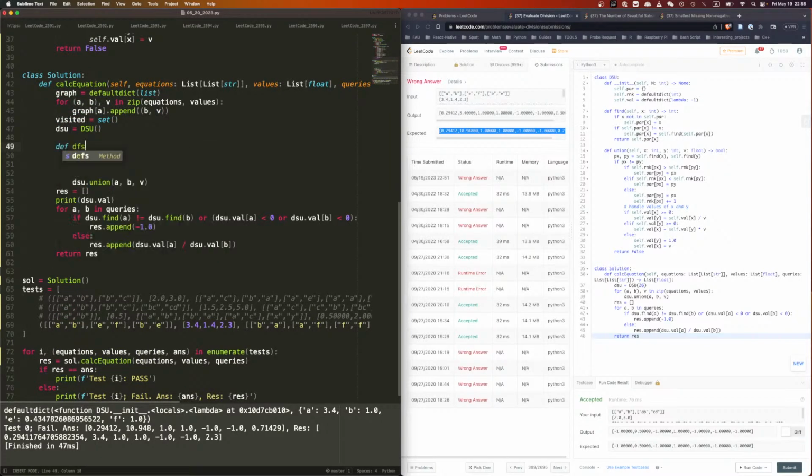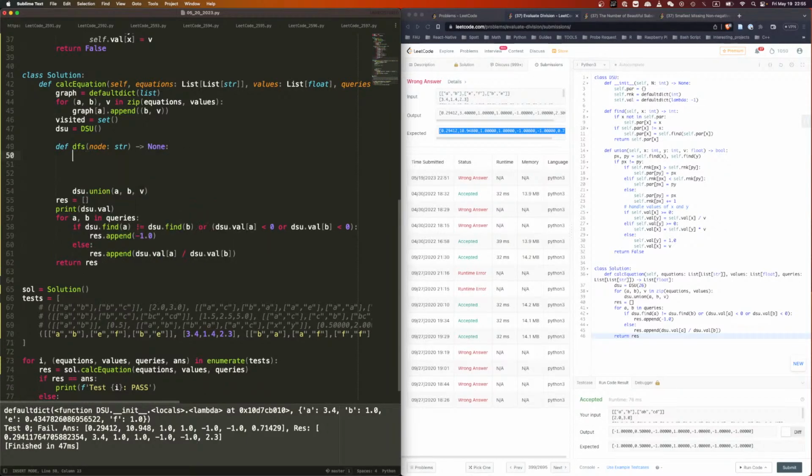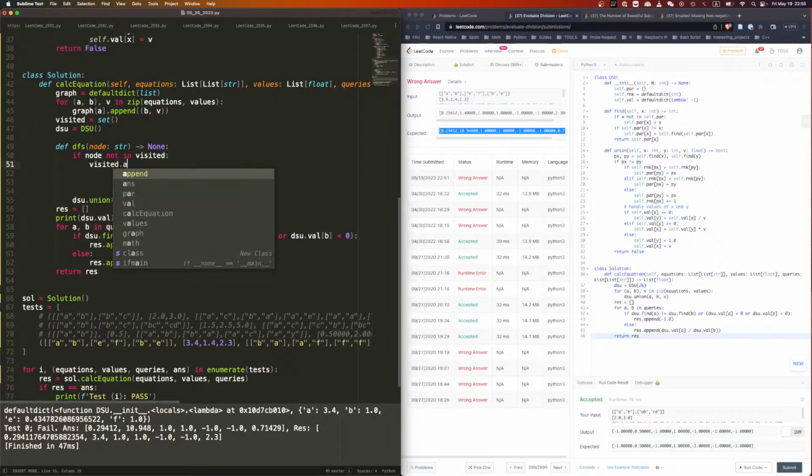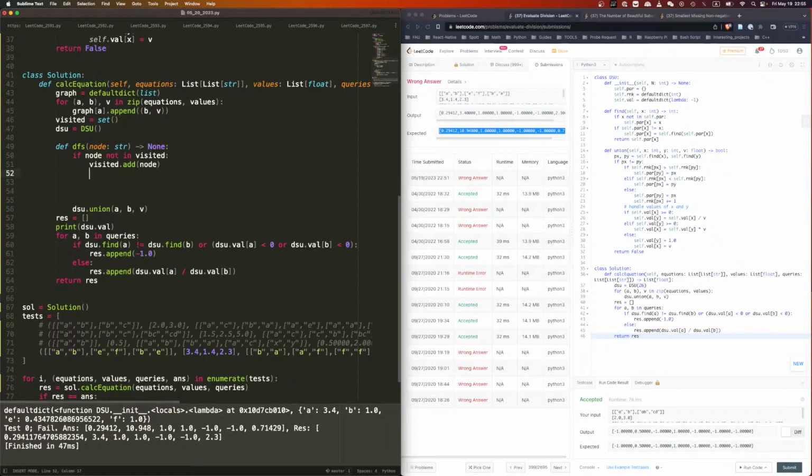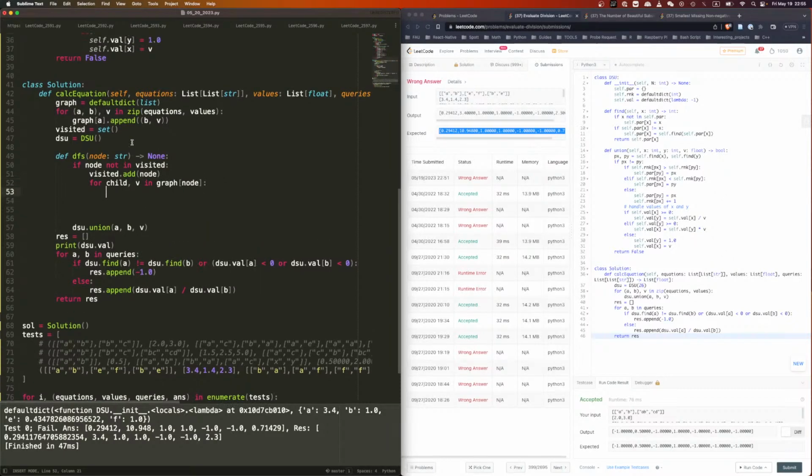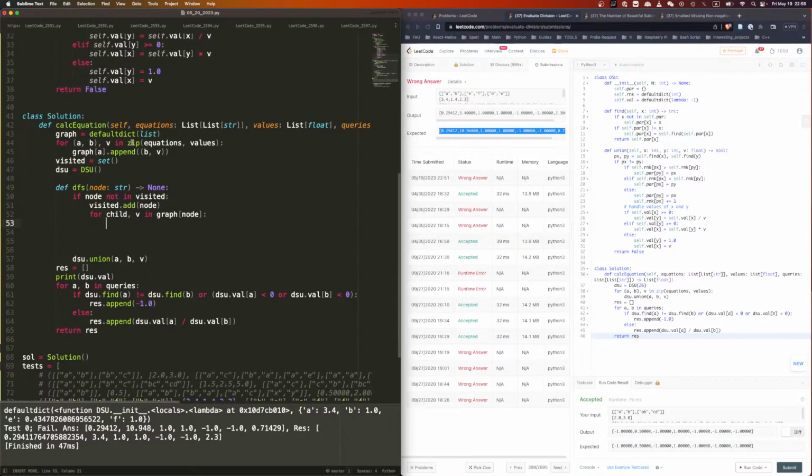Now we're gonna say def DFS of current node, which is a str, and then we don't return anything. Okay. We say if node is not in visited, visited dot add node, then we visit for child, v in graph node.